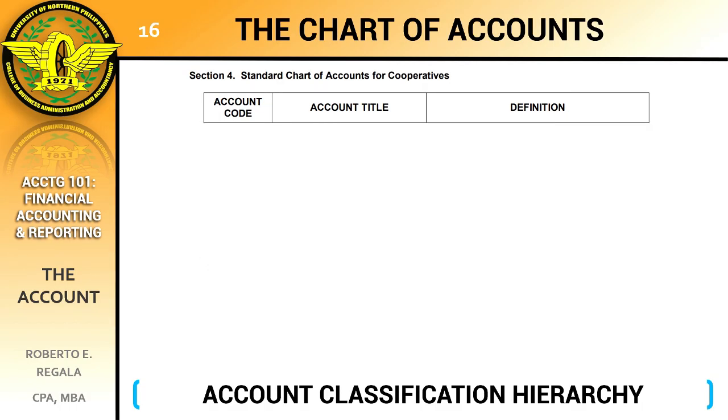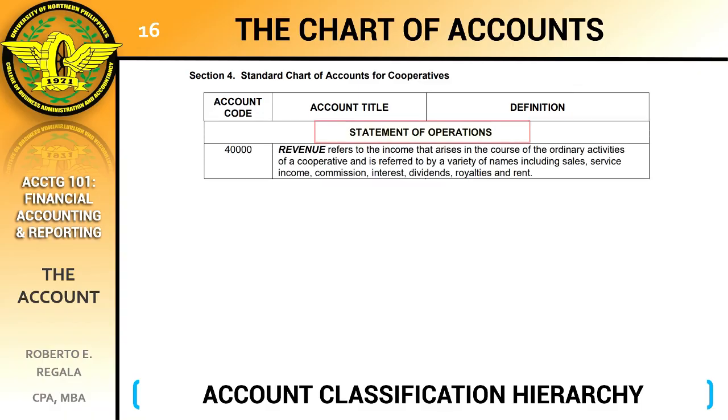Under the statement of operations or income statement, revenue or income is broken down into operating revenue, which is income from the company's main business, like sales, and non-operating revenue, which is income from things outside the regular business, like interest from investments.